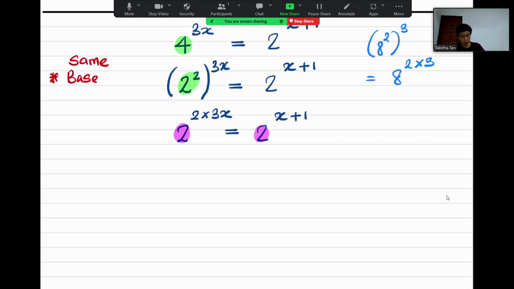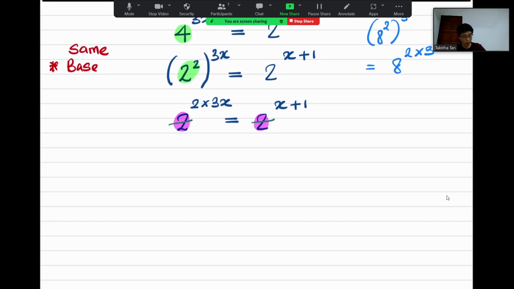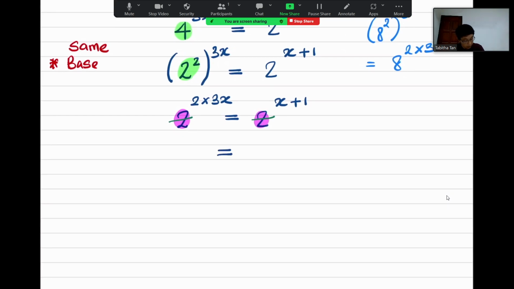So in other words, from this stage, we no longer have to compare the base. Now we are going to compare only the indices with the equal sign in the center. Left hand side, 2 times 3x. I do not want to skip the step, so I'm going to copy one more time.